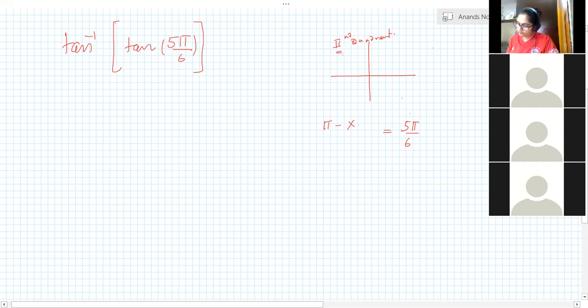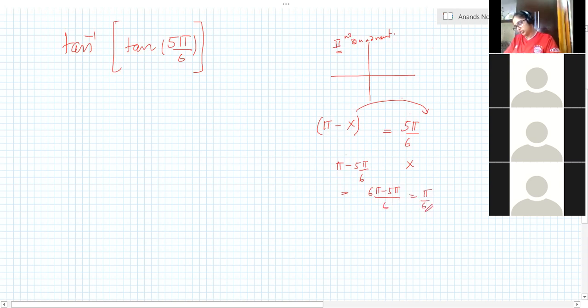Because it is lying in the second quadrant, can I express it as 180 minus something? That 180 minus something has to be 5 pi by 6. What is that x going to be? That x is going to be pi minus 5 pi by 6, which is 6 pi minus 5 pi by 6, which is pi by 6.